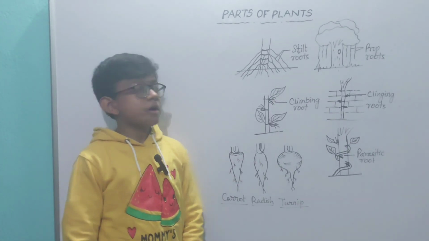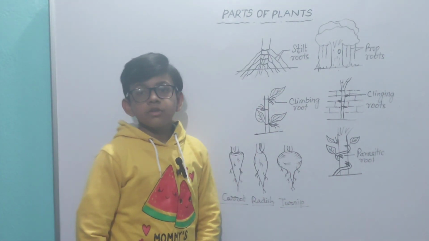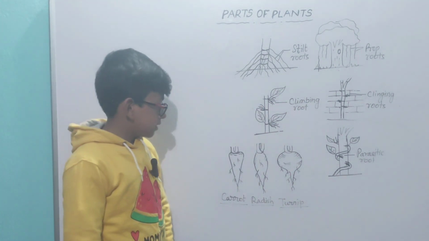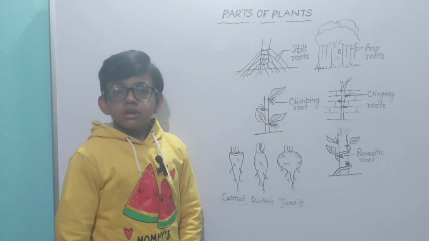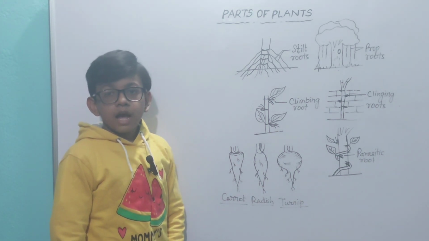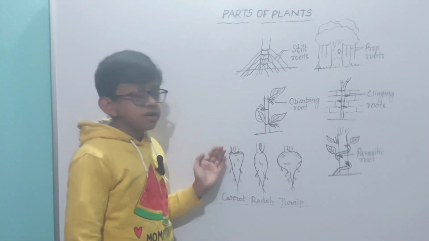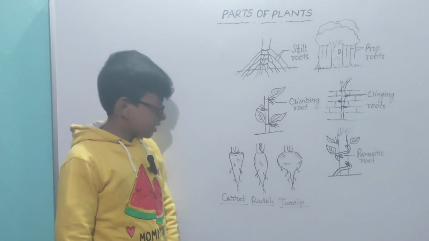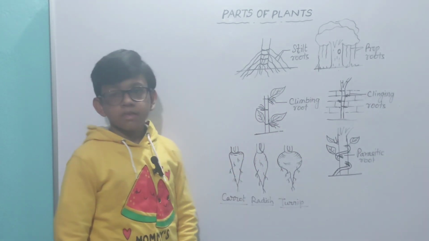Now, let's know about modifications of roots. Roots are modified for, first, storage of food. In taproot, some of the roots swell up and become fleshy to store food in them, such as carrot, radish, and turnip.